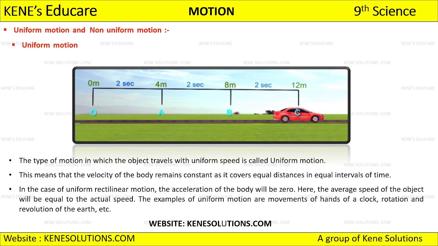This means that the velocity of the body remains constant as it covers equal distance in equal intervals of time. The velocity of the body is constant, and how can we state that? Because the car is covering equal distance in equal intervals of time.